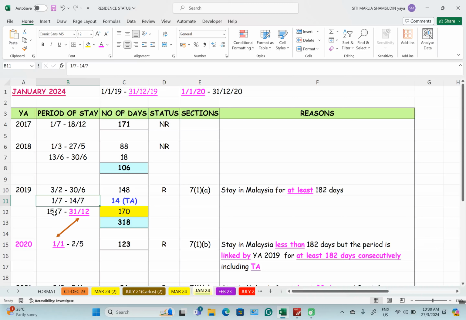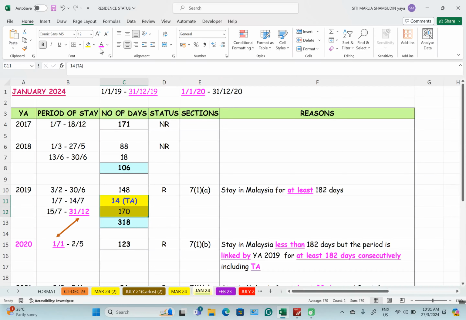So after that, 15 July, also present. So now you can use this TA as part of our 182 days. Plus TA, 14 plus 170, now we got 184 days. Okay, guys, 184 is more than 182, isn't it? That's why we fulfill section 7, subsection 1B.